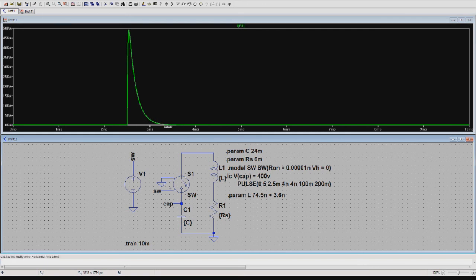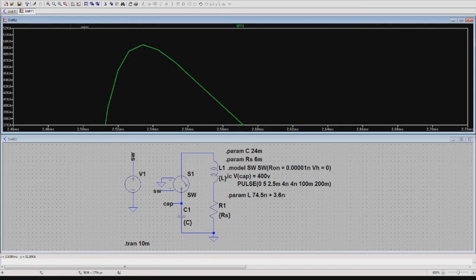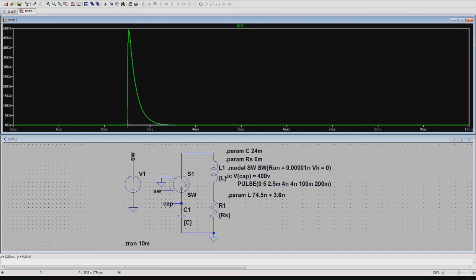So now we hear a very fast discharge, and you can see the current is still high, and over the area. That's what I'm going to talk about next, is current distribution. I'm not sure if I will do it now or in another part, but you see that adding inductance, the stray inductance of rails, is extremely important.